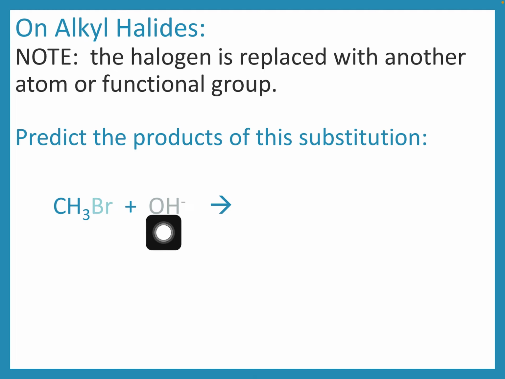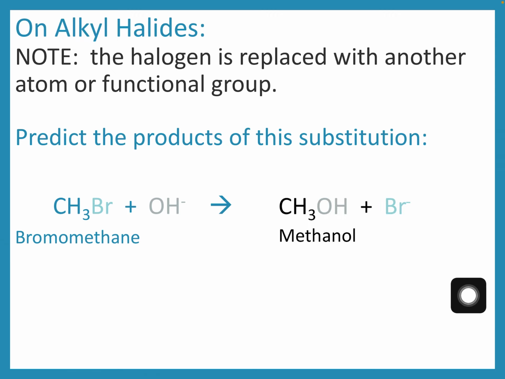That hydroxide is going to come and bump out the bromine to make an alcohol group, and that bromine is going to be an ion on its own, or it may pair with something and precipitate out. As the bromine and hydroxide swap places, now we have methanol over here.